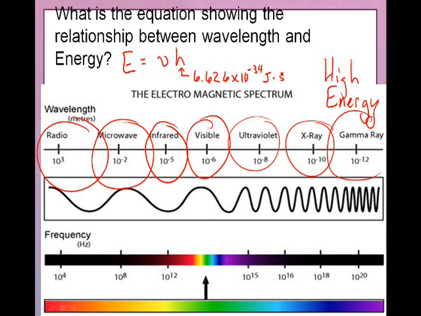So if you have a stream of these photons, joules times seconds, it helps you calculate how much energy they are producing.